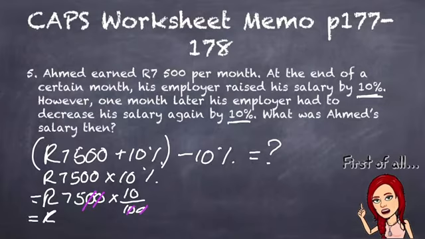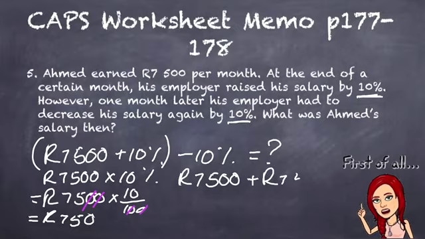I'm left with 750. Okay. Then we can say 7,500 plus 750 gives me 8,250.